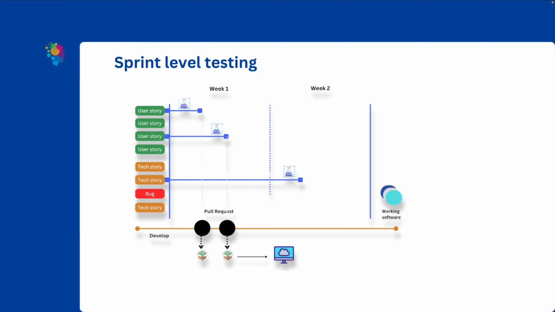At a certain point, the developer finishes the story and raises a pull request to get it merged into develop. As and when the pull request is approved and merged to develop, it generates an artifact or a build from a build pipeline. That build you deploy into your test environment and you perform your sprint testing activity.